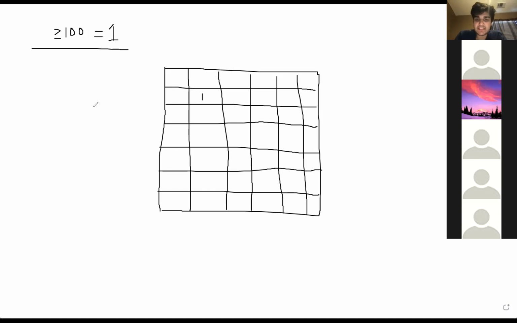Right. So in this problem, the exact subgrids that we're overcounting are those where we're counting a rectangle of all ones, but none of those ones include 100. So the rectangles that we want to be subtracting out are those rectangles. The question is, how do we do that? We can either come up with another solution to subtract this, or there's a neat little trick that we can use to easily subtract this.